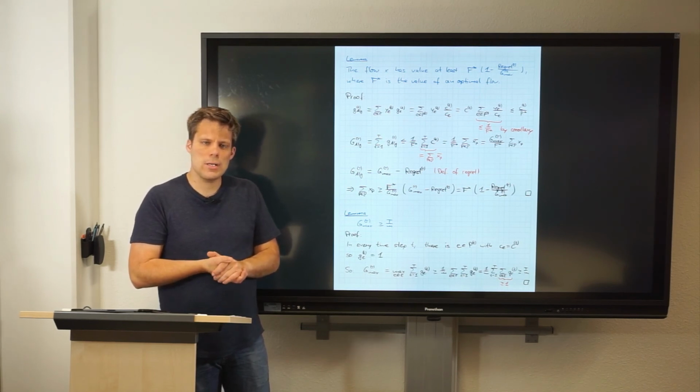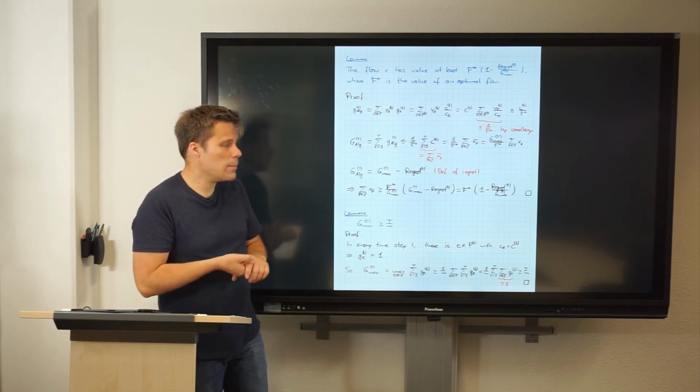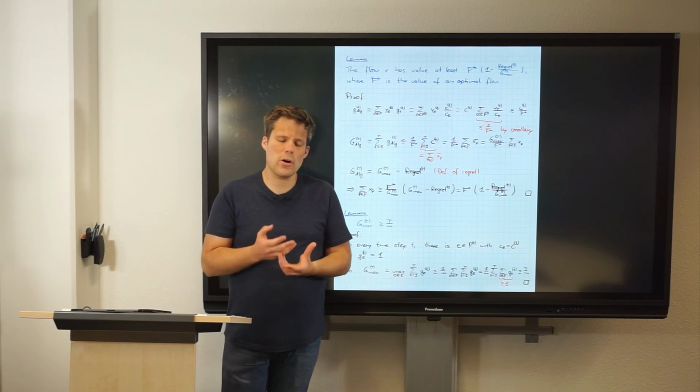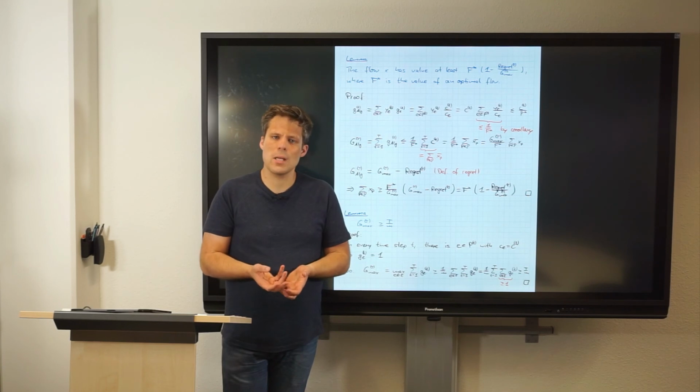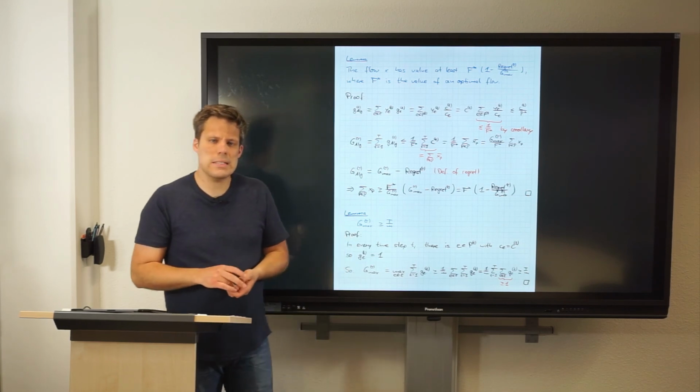So you can compute a 1 minus epsilon approximation of your optimal flow for every epsilon that you like. Namely, just make the t large enough.